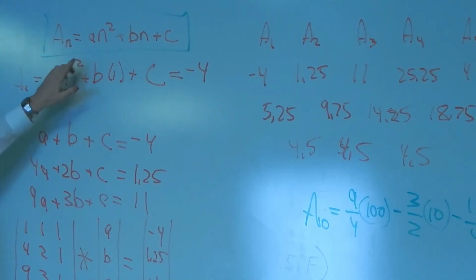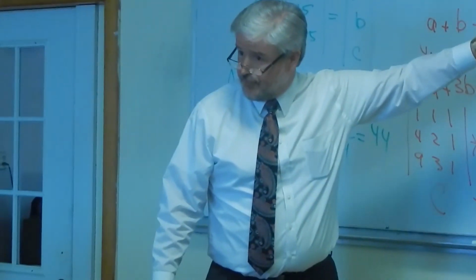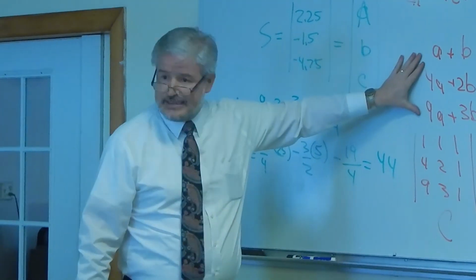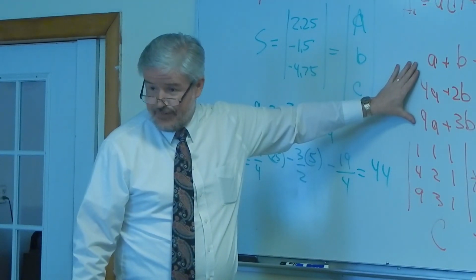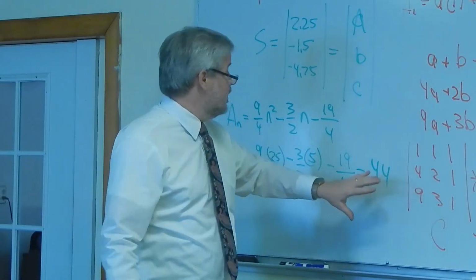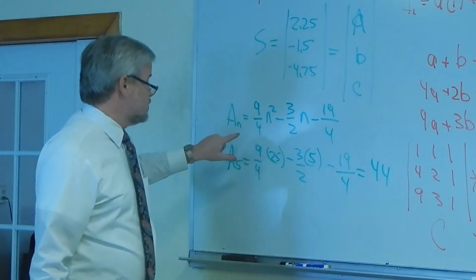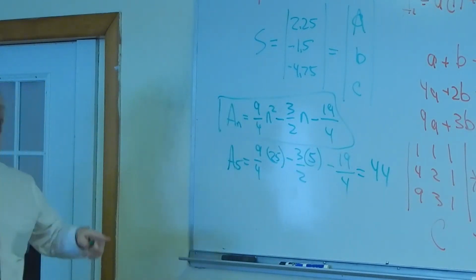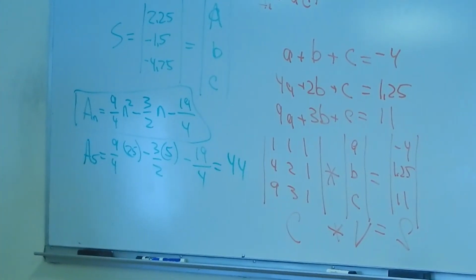It's going to look like that, but this explicit formula has A, B, and C. So we used what we knew about our first 3 terms to discover a system of 3 equations with A, B, and C. Then we used what we know about matrices, and we let the black box solve for A, B, and C. Once we knew A, B, and C, we plug that into our general form, and this becomes the explicit formula for the unknown series. Okay? See how this works?